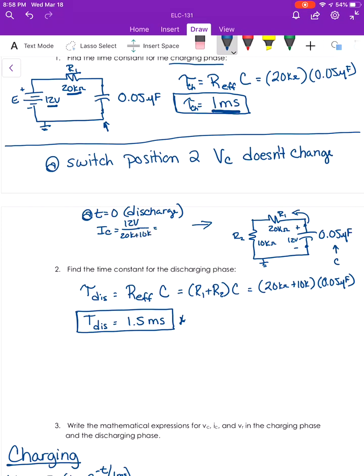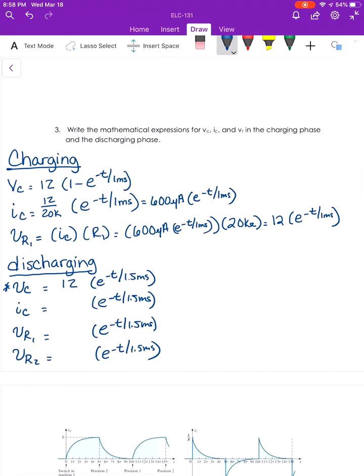So that is going to be about 400 microamps where we're starting. So we're going to start at 12 over 10K plus 20K, which is 400 microamps, times e to the minus t over 1.5 milliseconds.